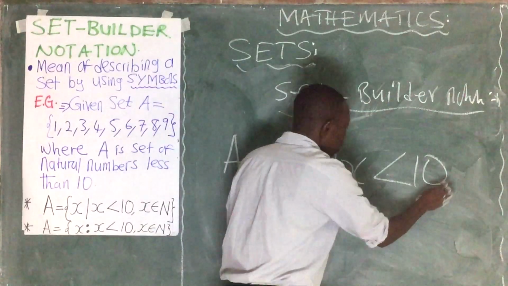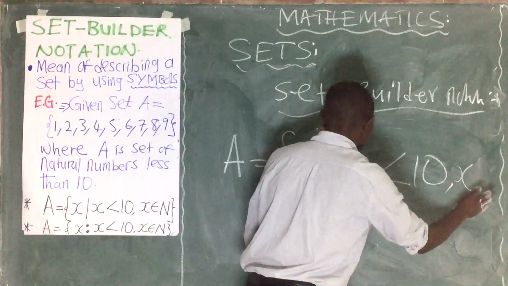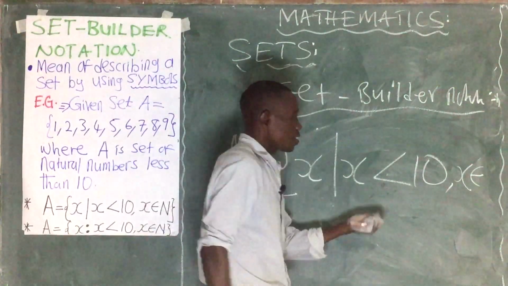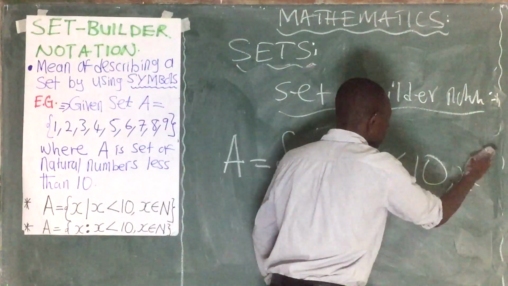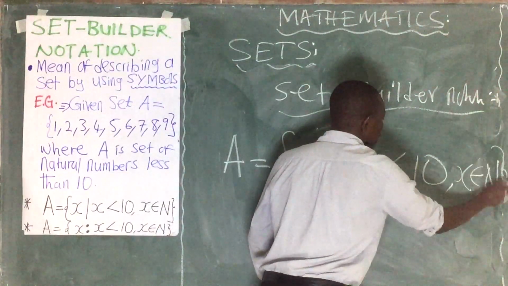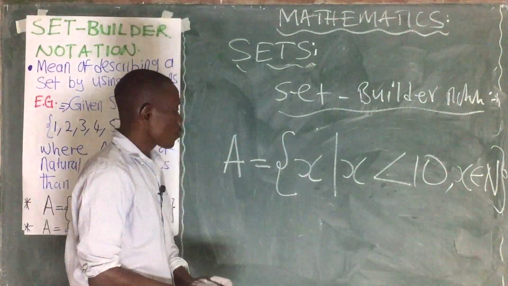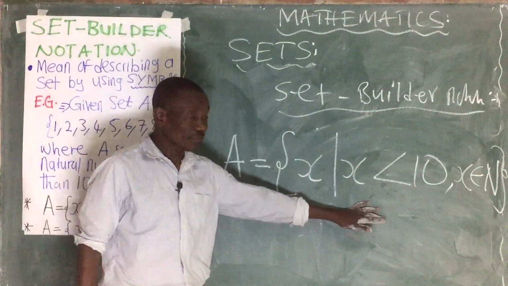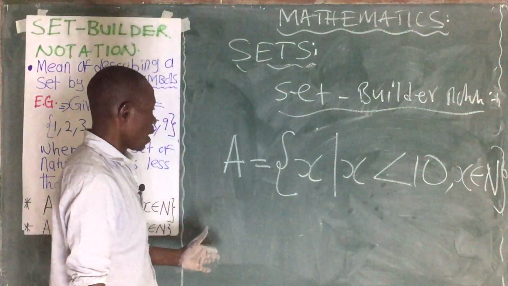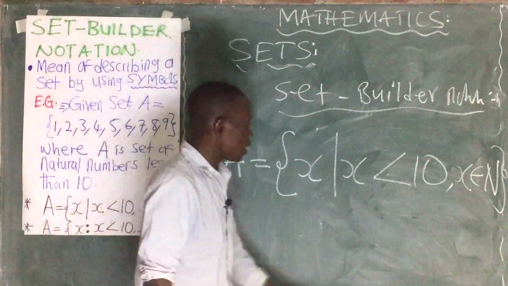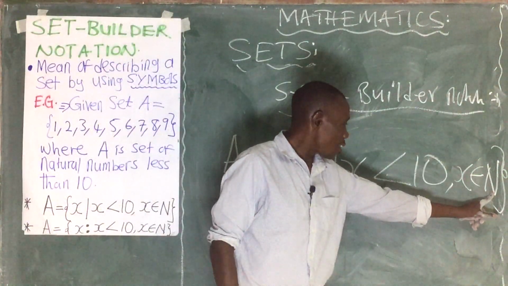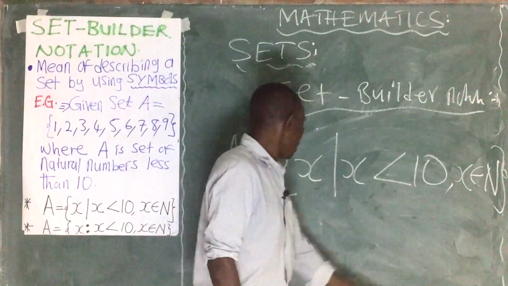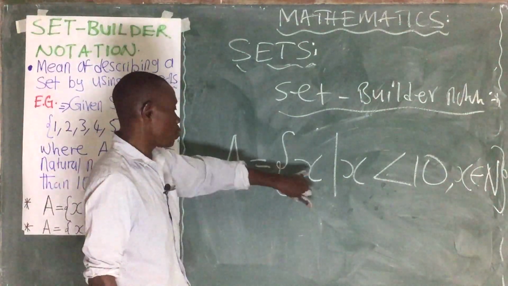And what do you say? Comma, X is an element of what? Natural numbers. So what does this mean? Somebody who knows mathematics knows that N is a natural number, and this is an element, but X in our case has to be defined.